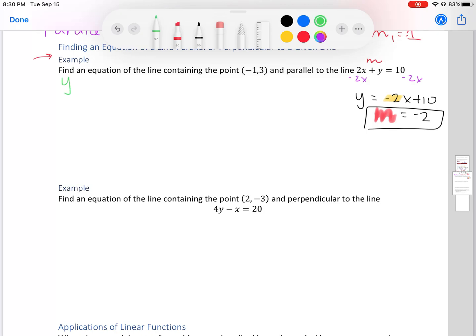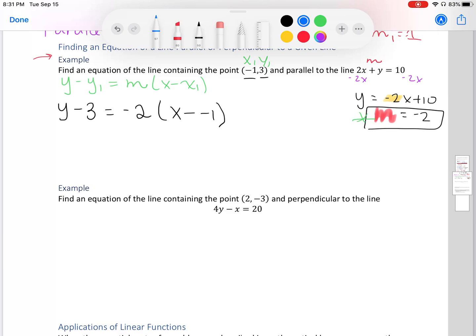That formula is y minus y1 is equal to m times x minus x1. Let's label our points x1, y1, and we have our slope here that we're going to steal. Okay, so now we have y minus y1, we said y1 is 3, is equal to m, my m is negative 2, times x minus x1, my x1 is negative 1.